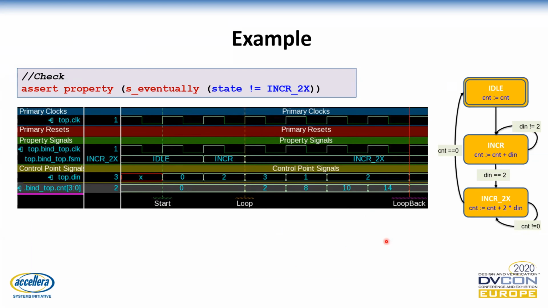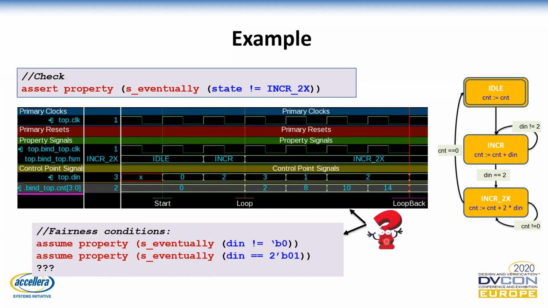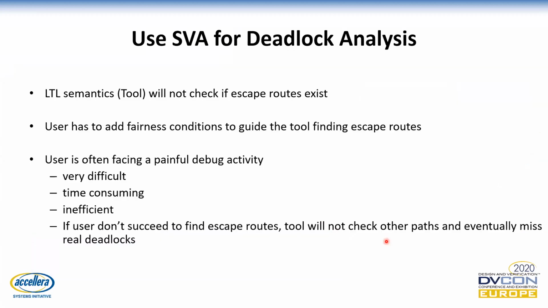So at some point, even in this small example, it is becoming hard to add more constraints to escape this deadlock. It becomes harder to help the tool to look for real deadlocks, and also to prove if there is no deadlock. So in summary, System Verilog shows maybe escapable deadlocks.